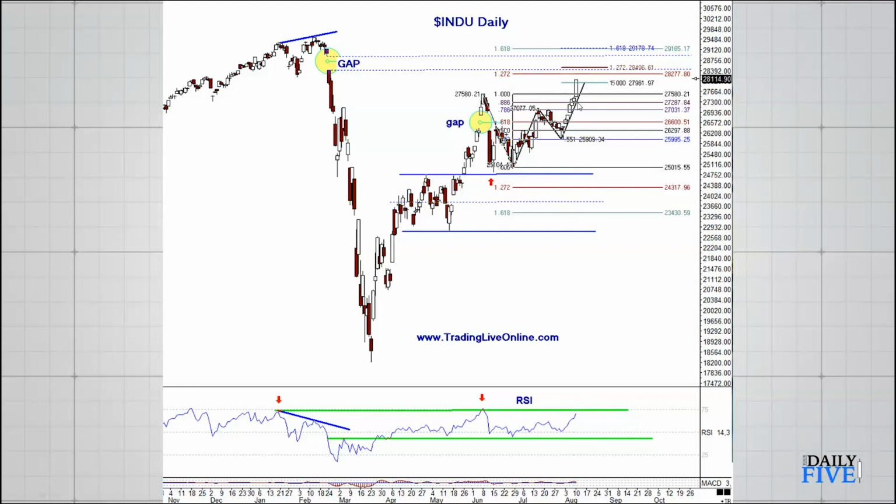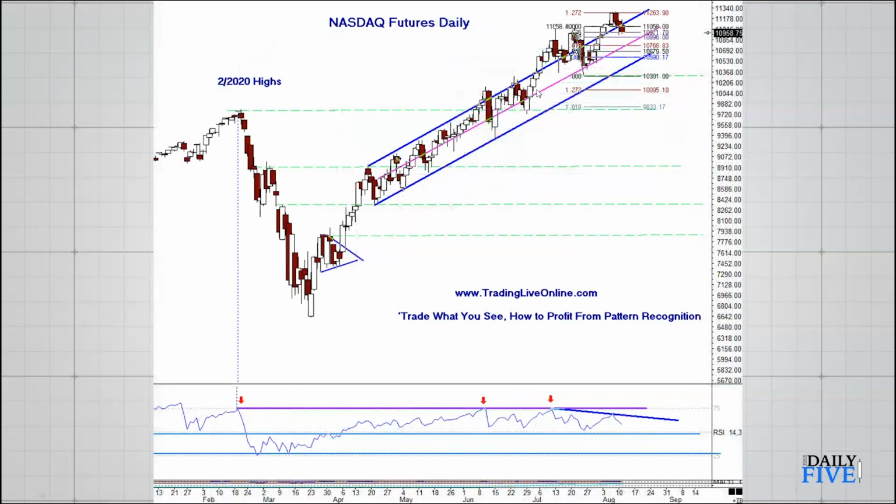But now let's take a look at the next chart, which is the Nasdaq. The Nasdaq has a different picture to it. Now, the Dow Jones Industrial has 30 stocks in it, while the Nasdaq Composite has over 3,000, so there's quite a difference there to keep in mind.